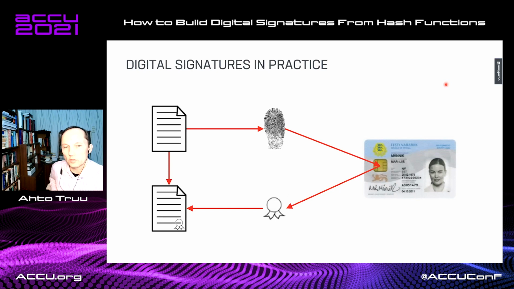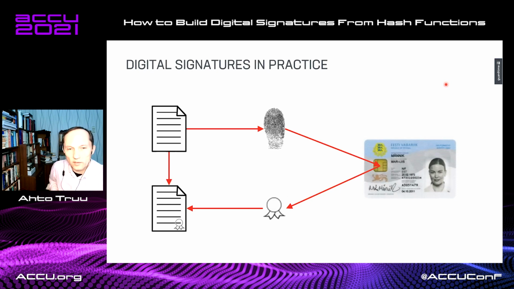It never goes out. So if I want to sign a document, then the model is that instead of taking the key out to sign it, I pass my document into the chip, and then the chip produces a signature and returns me the signature, but does not ever reveal the key. And now there are two things. First, the chip is a very weak computer, so if I want to sign anything large, this would be very difficult for performance reasons.